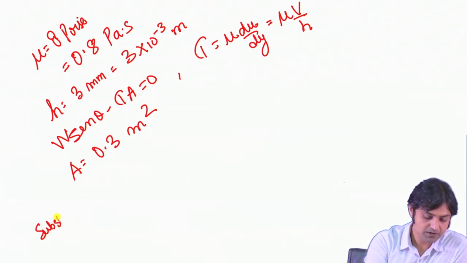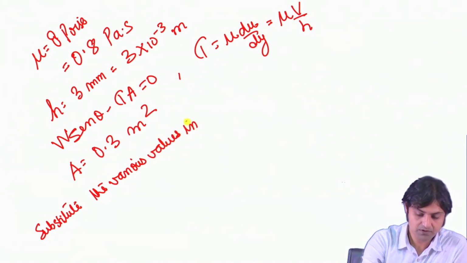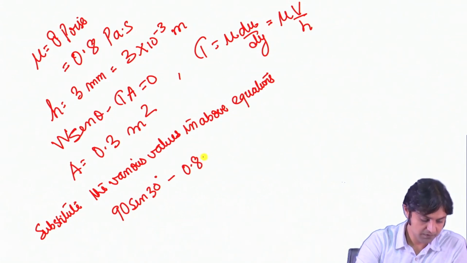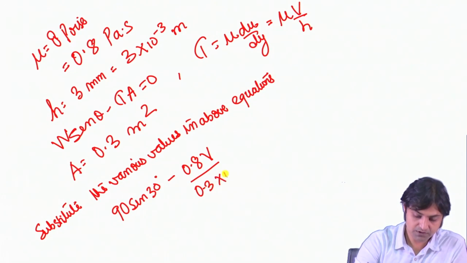Now if we substitute the various values in the above equations, W is 90 Newton, it is given, sine 30 minus shear stress, mu is 0.8, V divided by H, which is 0.3 into 10 to the power minus 3, multiplied by area, that is 0.3, is equal to 0.